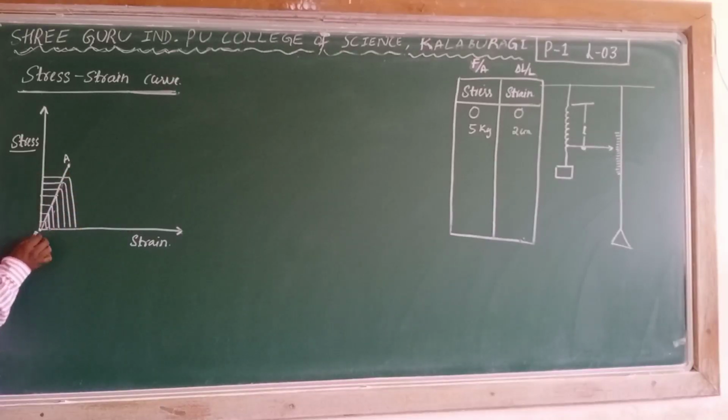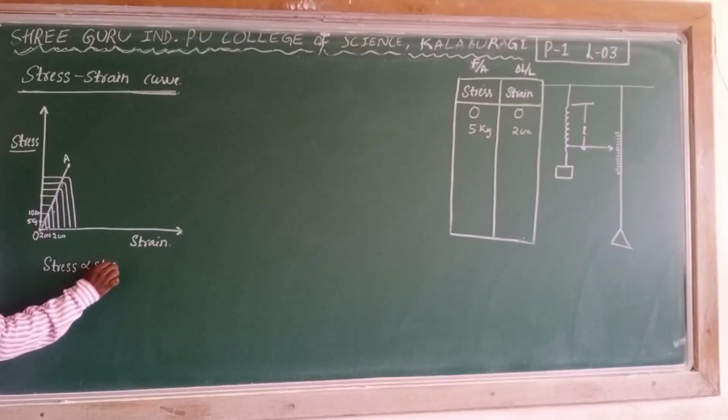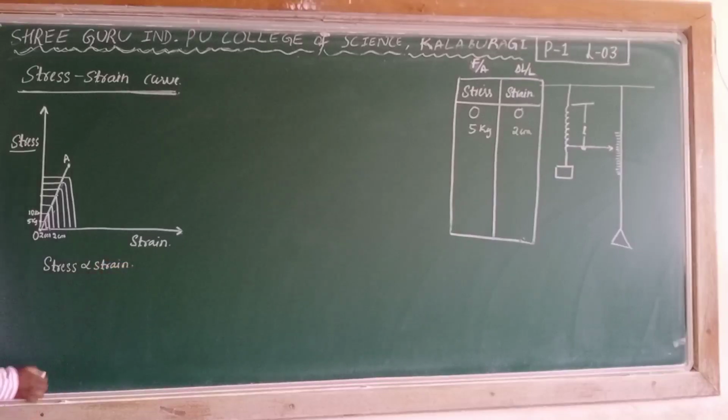If by applying a force of 5 kg the length is 2 centimeter, with 10 kg the length is also 2 centimeter only. Uniformly, stress is directly proportional to strain.